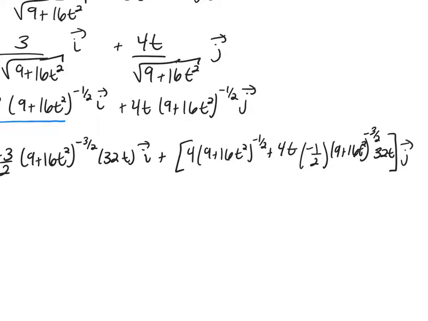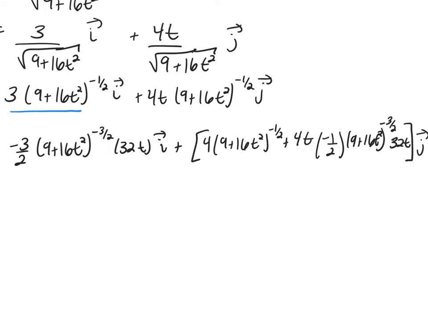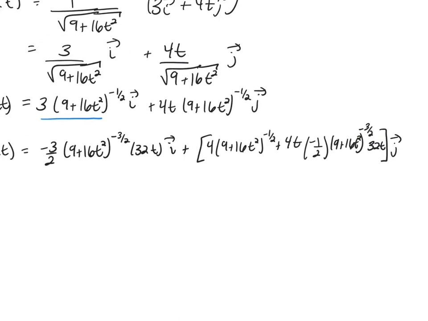So now let's do some simplifying on this stuff we have here. So let's see here, the 2 cancels, this would be 16. So we're going to get a negative 48t over (9 plus 16t squared) to the 3/2 i.